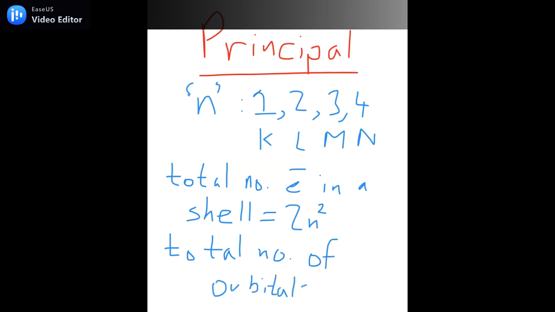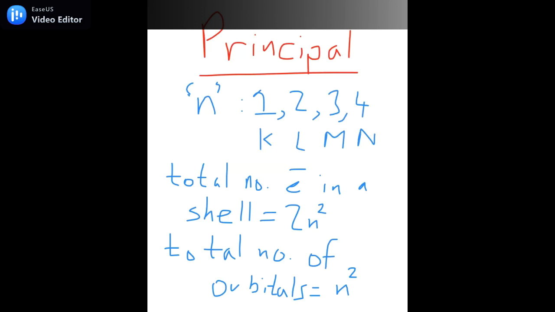The formula for this is 2n squared divided by 2, because each orbital has 2 electrons. So the number of orbitals will be half of the number of electrons. So we'll plug in the values of the shell into the formula to find the number of electrons in that shell or the number of orbitals.